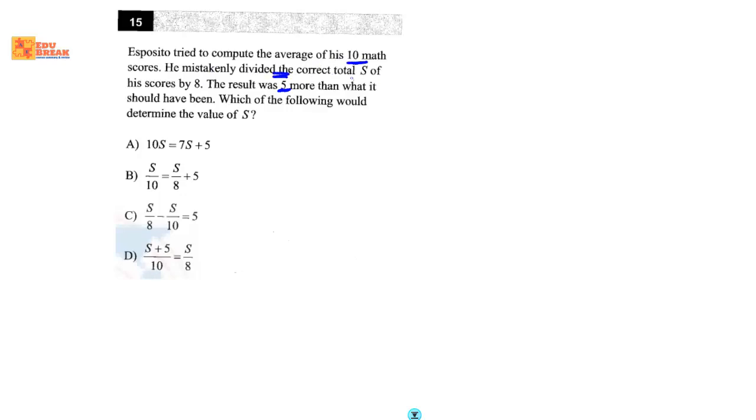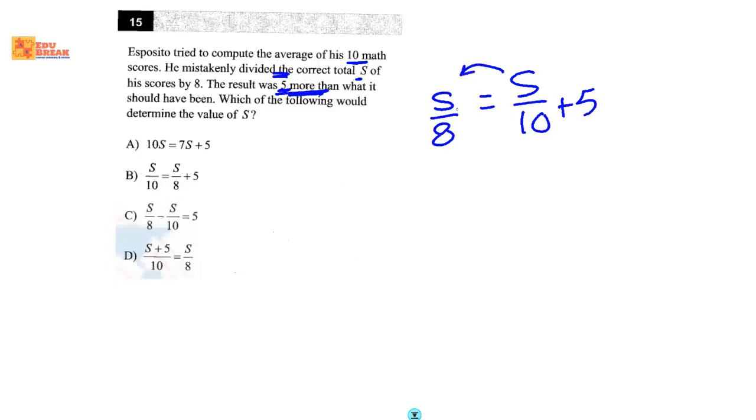He mistakenly divided the correct total, so it means that we have S over 8, which equals the result 5 more than S over 10. So we have S over 8 equals S over 10 plus 5, because it's more than it by 5.